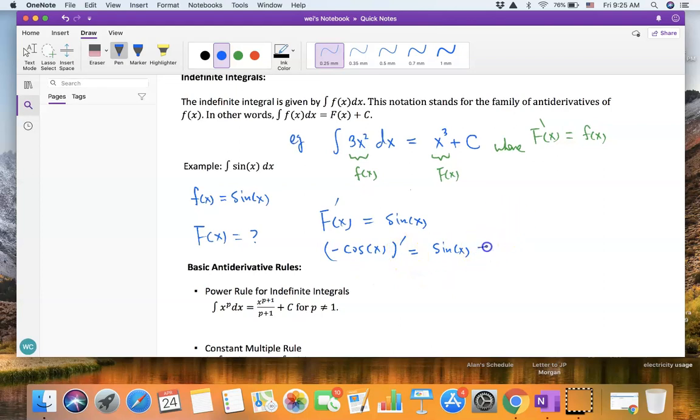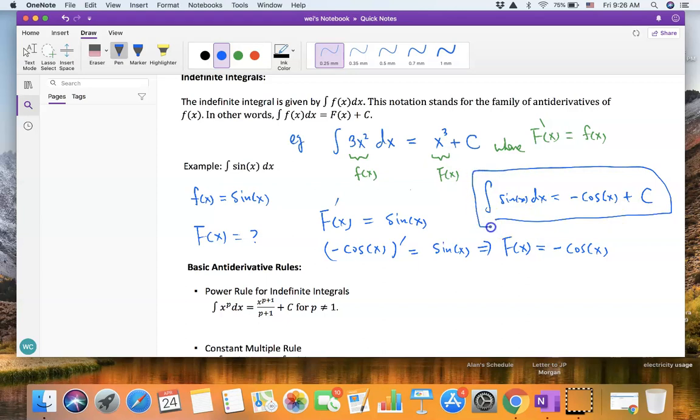Therefore, the capital F(x) is negative cosine x. So the family of antiderivatives of sine x we can write as capital F plus a constant. So that will be the answer.